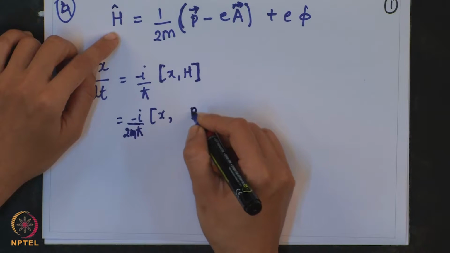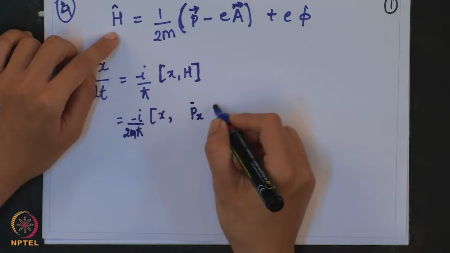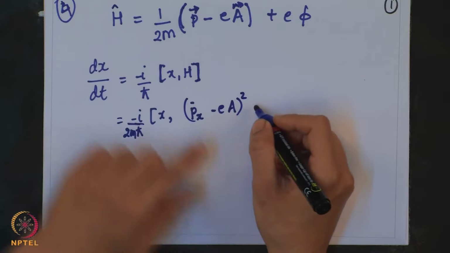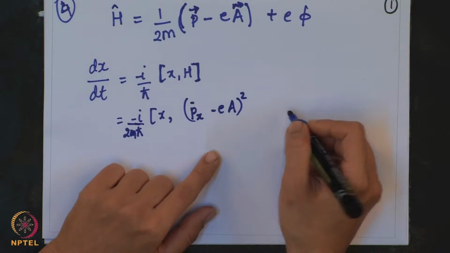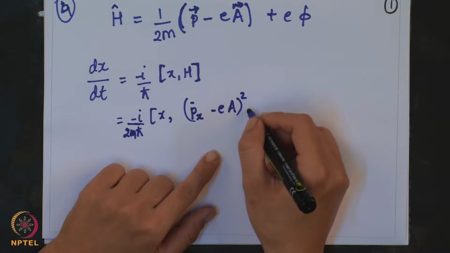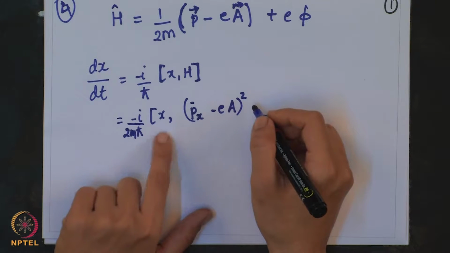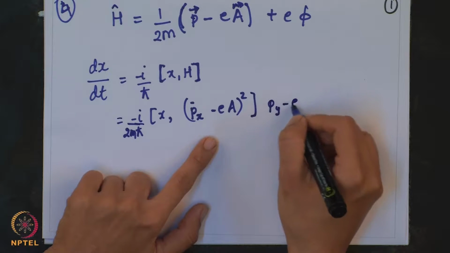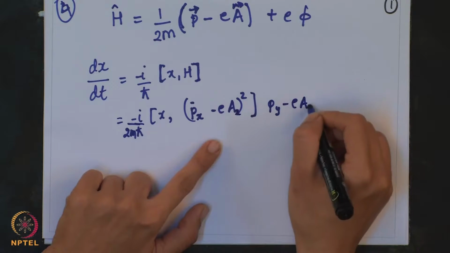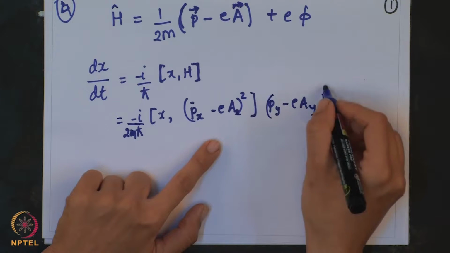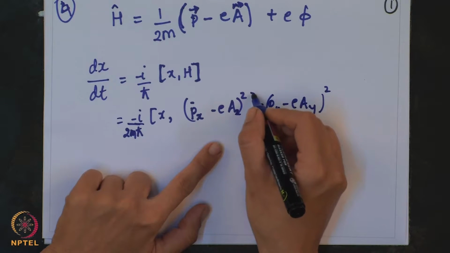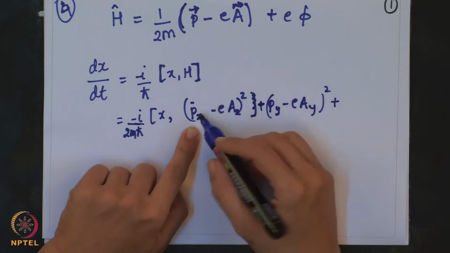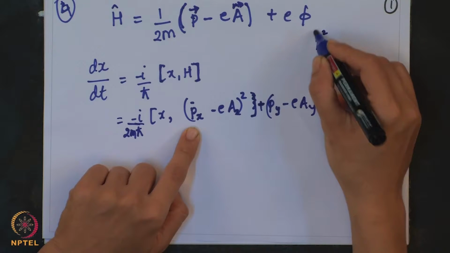So I will have (px minus eAx) whole square, plus a (py minus eAy) term, plus a pz term. I can take the commutator of x with just the first term and the remaining terms, py minus eAy and so on; this is x, this will be y, and so on. It is the same way we used to write the operator p square.